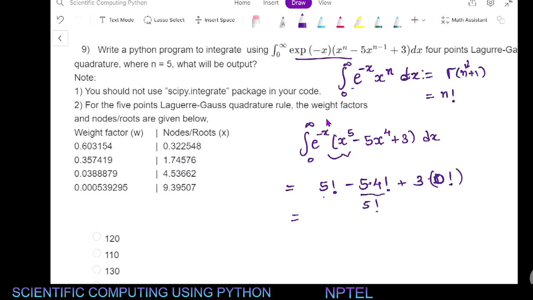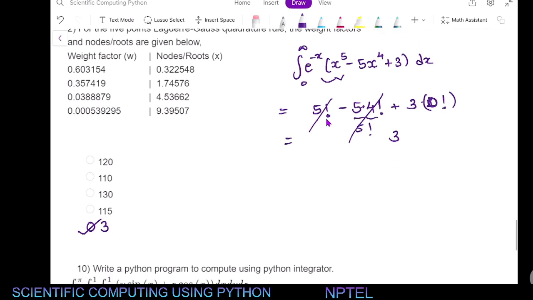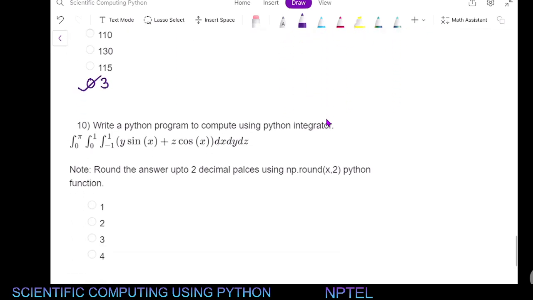This is 5 factorial, right? So 120 basically, but they get cancelled. So you are left with just 3. So that should have been the answer, and we got it, right? It was 3. And the last one, I don't know how to do it. I haven't done it, but the answer turned out to be 2.